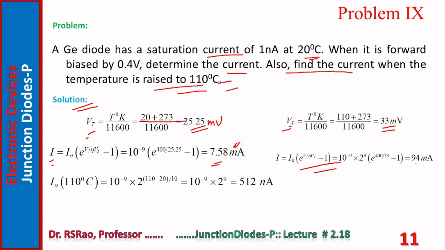I can be found as 94 milliamperes. Reverse saturation current when temperature is raised can be determined: I naught at 110 degrees centigrade is 10 power minus 9 into 2 power (110 minus 20) by 10. It turns out to be 512 nanoamperes.